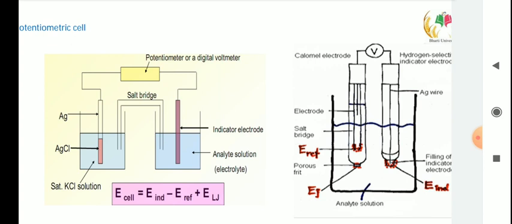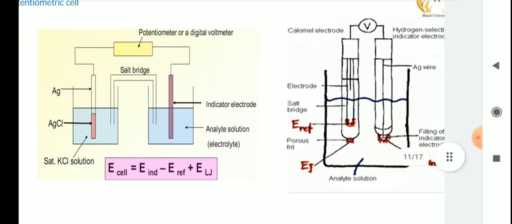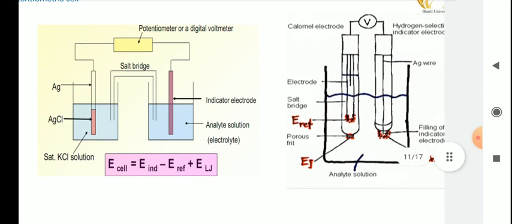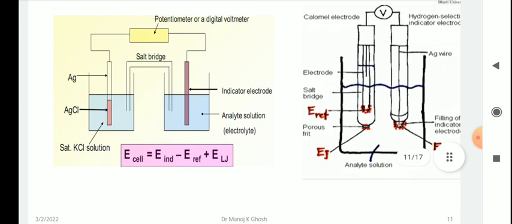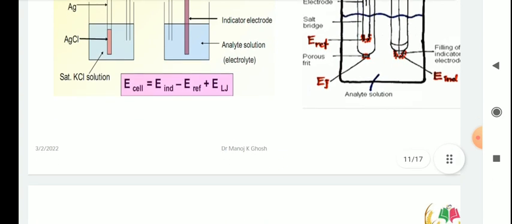When EMF is generated, it is detected by the potentiometer or digital voltmeter. This is another example, like the calomel electrode and hydrogen electrode. Hydrogen electrode is a reference electrode. Okay, this is the technique through which we can determine the potential of any salts or electrolytes.